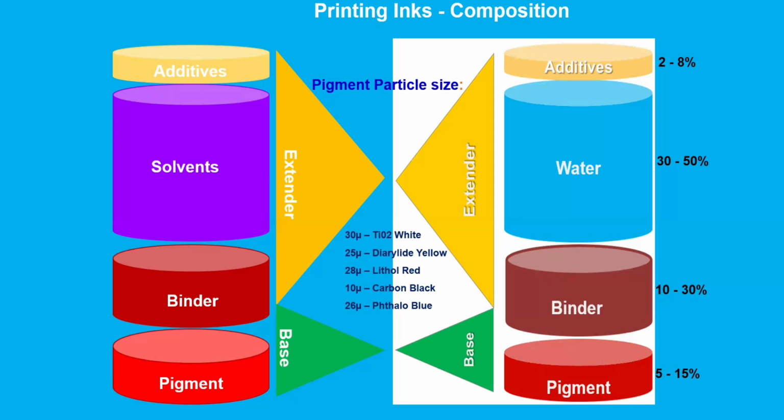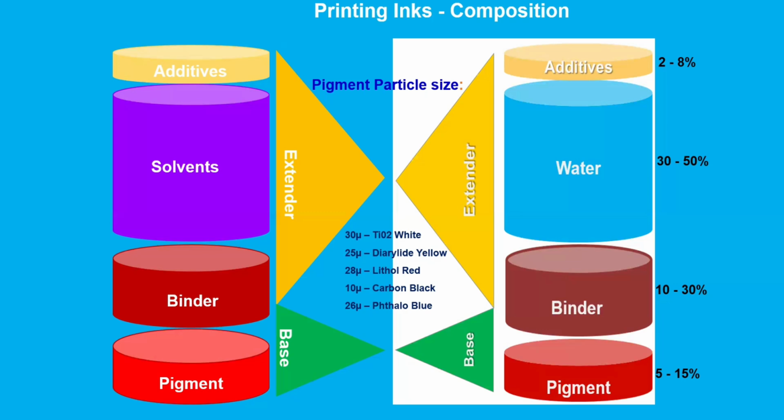So what should be the ratio? What is the average ratio of these components inside the inks? Pigment is from 5 to 15%, binder is 10 to 30%, solvents are from 30 to 50%, and additives 2 to 8%. This is the general composition of printing inks.